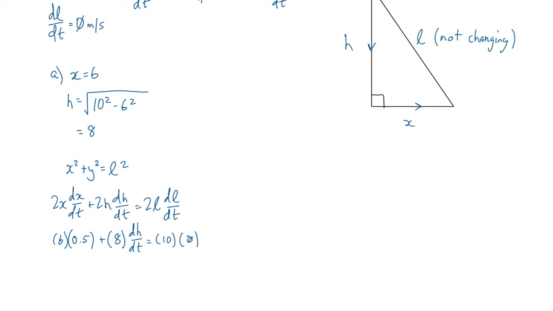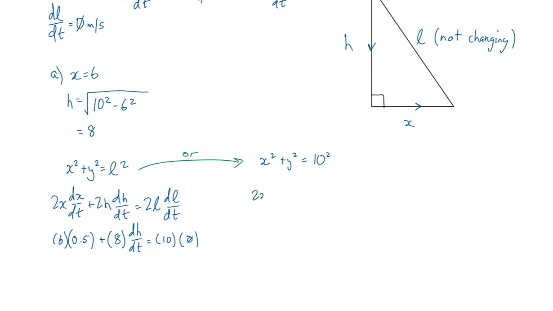Okay, so the other way we could have done this, and honestly, this is the way I would usually do it, so this is what I would recommend, is if something is not changing, sub in for it. In this case, it doesn't make much of a difference, but in some cases it will make your life easier.